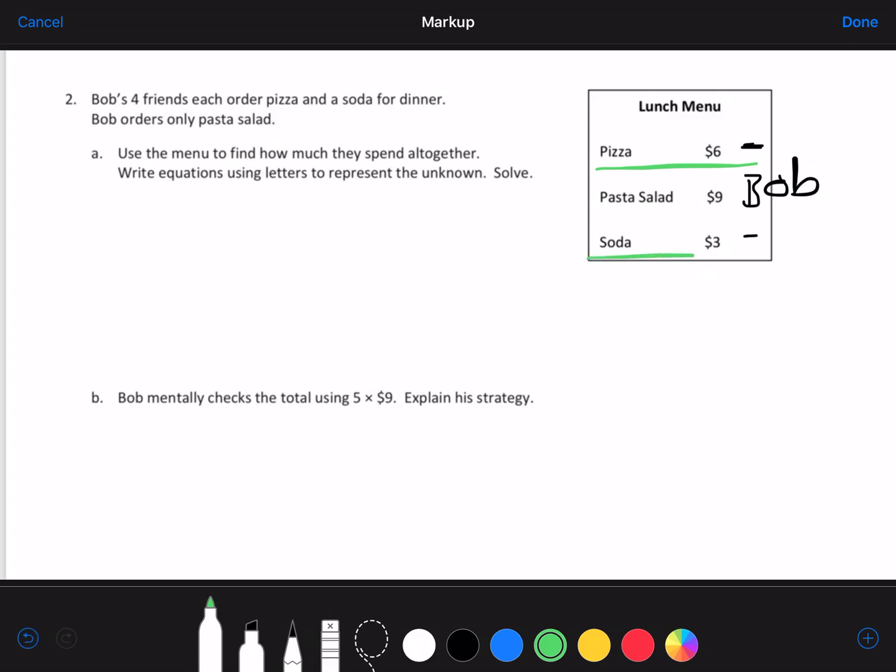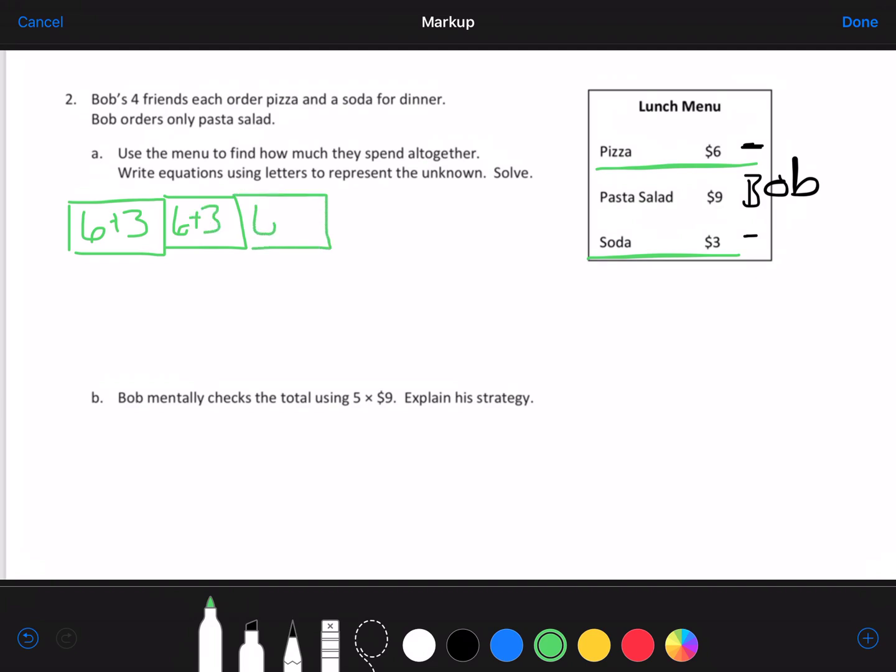So notice that pizza and soda are right there, and that's what each of the 4 friends ordered. So one friend, right, would order 6 plus 3. And the next friend would also order $6 pizza plus $3 soda.